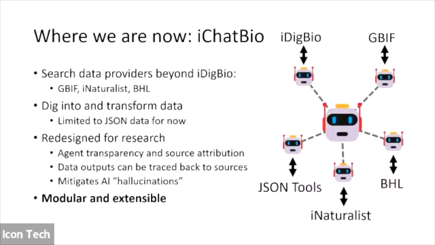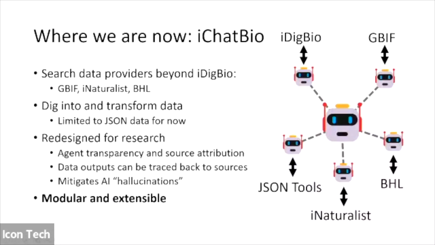But now we support also GBIF and BHL and iNaturalist, and we provide a little bit of JSON tools for parsing their outputs. All of these services give you JSON by default when you download their data through their APIs. So we have some processing capabilities as well. So now, not only do we search iDigBio, but we can search beyond. You can dig into and transform the data. I'll show you a little bit, maybe later today, actually.